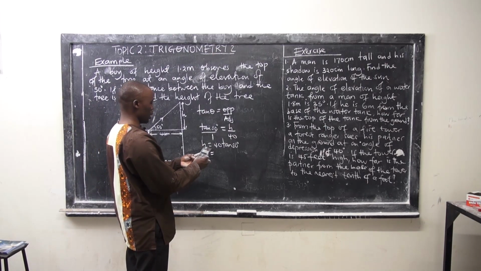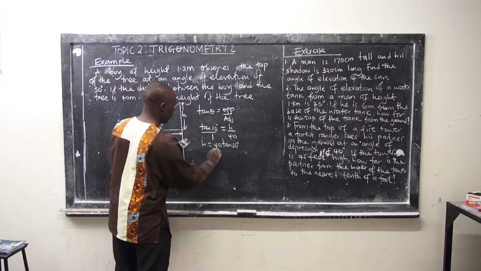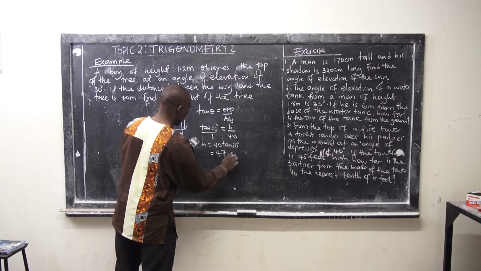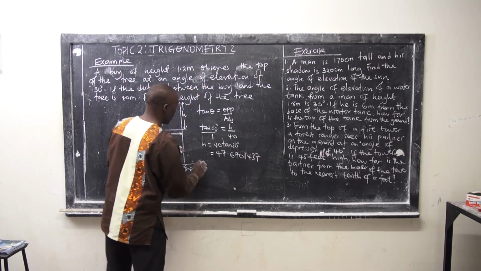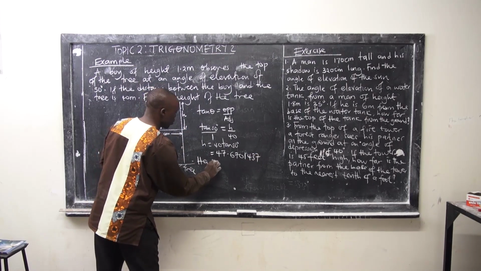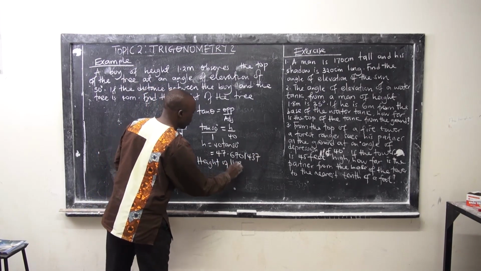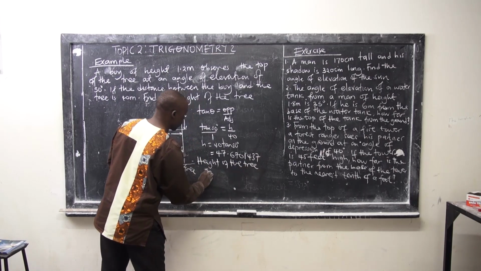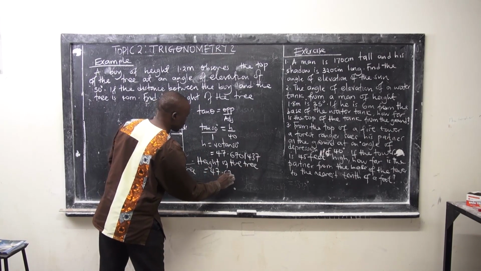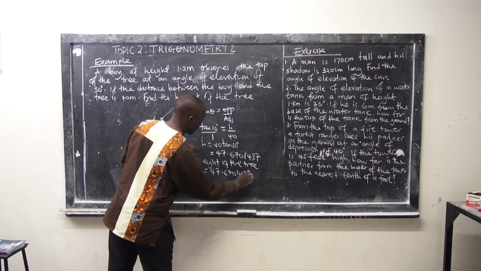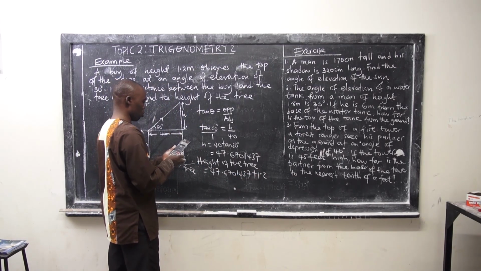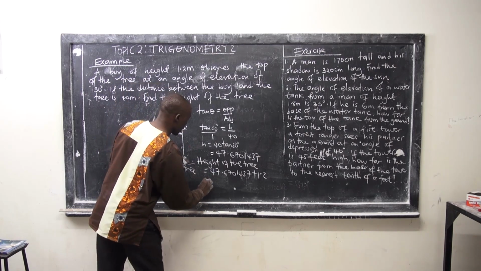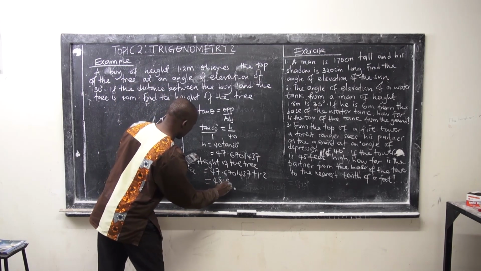So we can get a value there by punching into our calculator. 40 times tan 50 gives us 47.6701437. Then for the height of the tree, we are now going to add those two: 47.67 plus 1.2, we get 48.87.